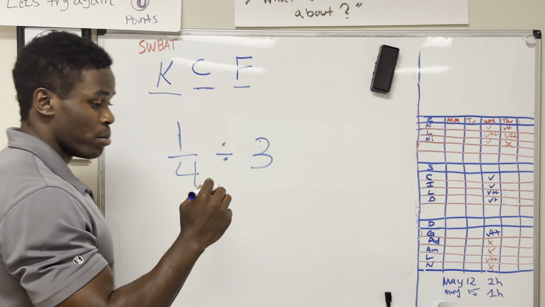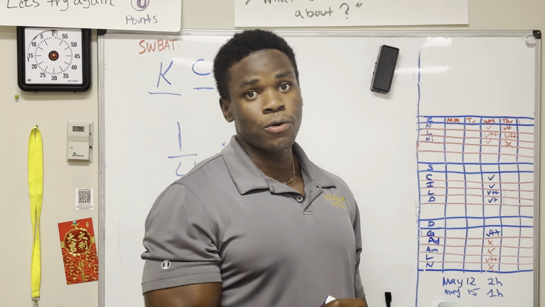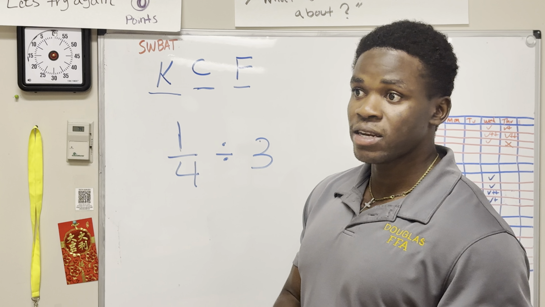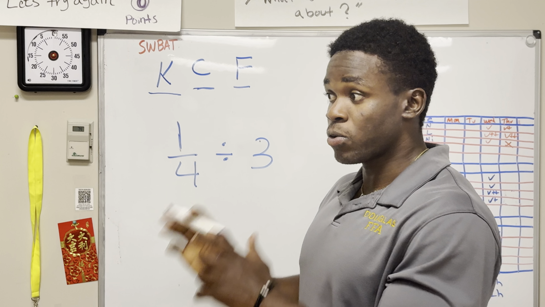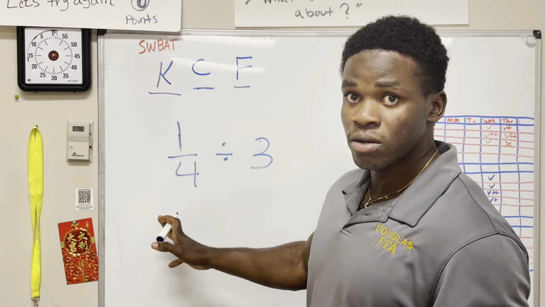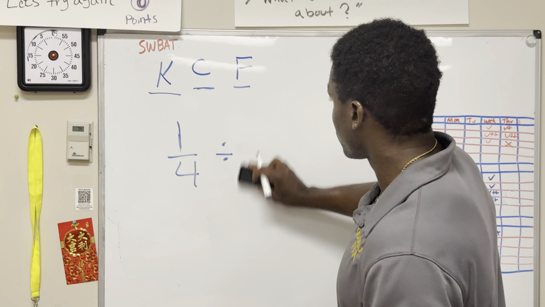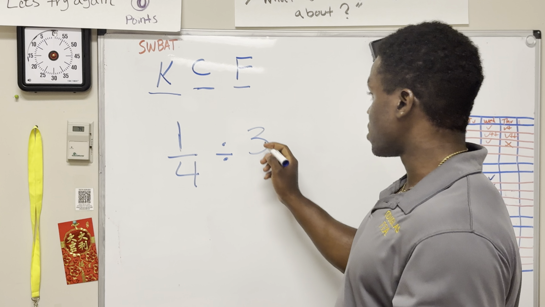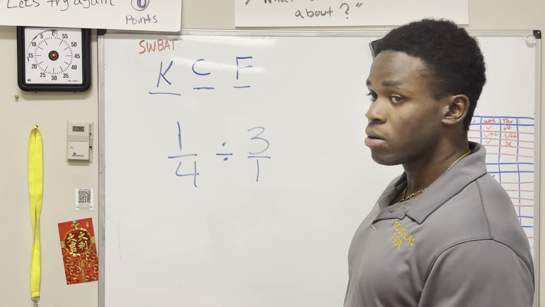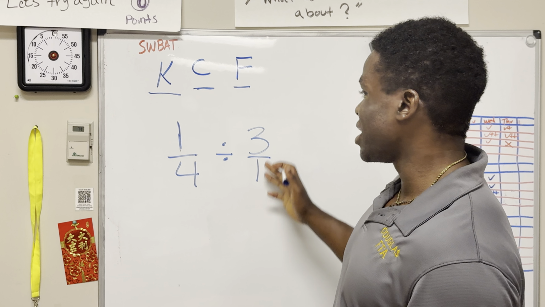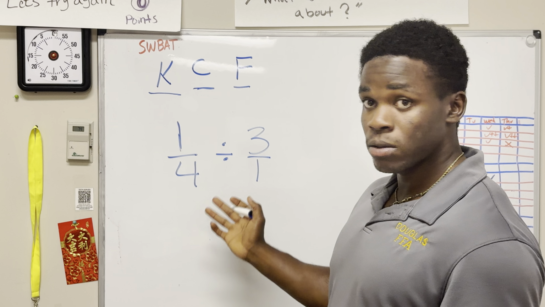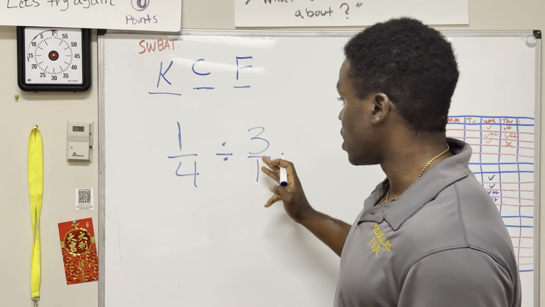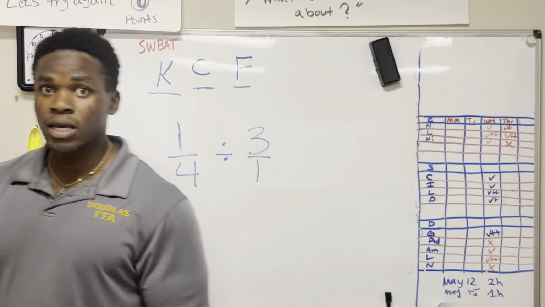My first step, like I mentioned before, go ahead and make sure that both are identified either as fractions or identified as whole numbers. So since this is a fraction, go ahead and make this a fraction to make your life easier. So this is 3. When I make this a fraction, I just put a 1 under it, because 3 divided by 1 is still 3. So I didn't change the whole number. I just put a 1 under it to indicate it as a fraction.